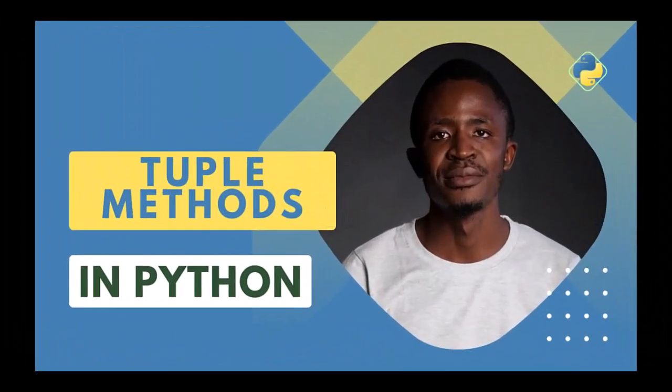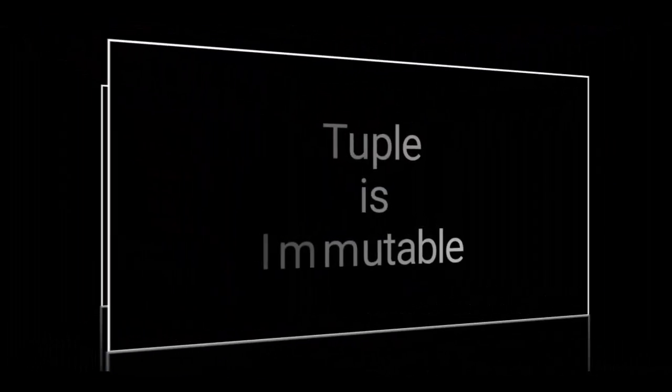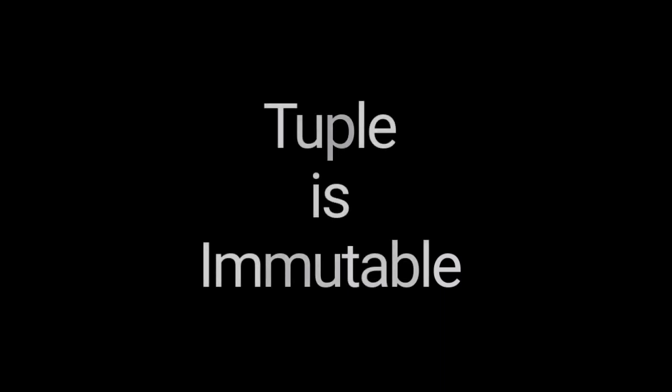So one of the differences between tuple and every other data structure in Python is the ability of tuple to be immutable. By immutable, we are saying that the values cannot be changed, cannot be modified. And you may ask, why is that?